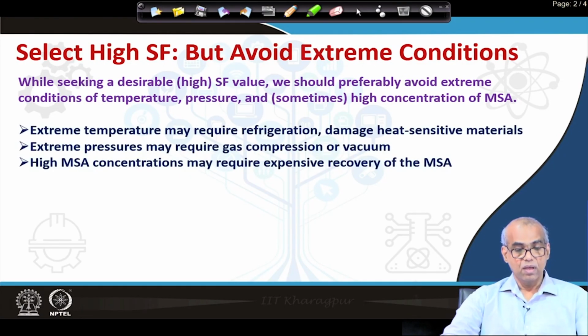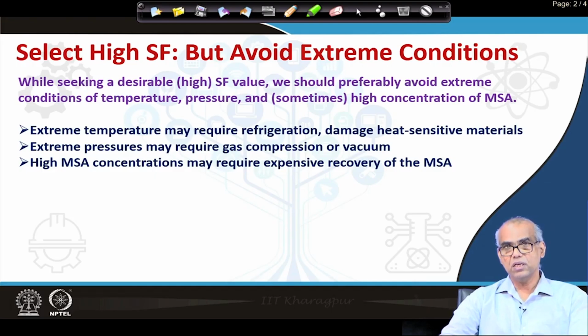Why? Because the extreme temperature may require refrigeration, which is an expensive option. The extreme temperature may also damage heat sensitive materials. Extreme pressures may require gas compression or vacuum, again expensive options. High mass separating agent concentration may require expensive recovery method for the mass separating agent.